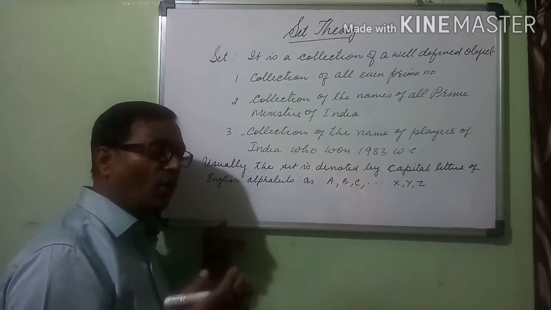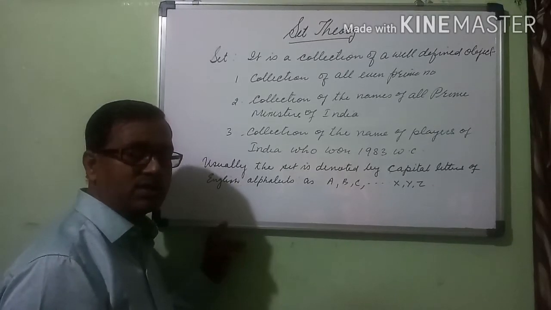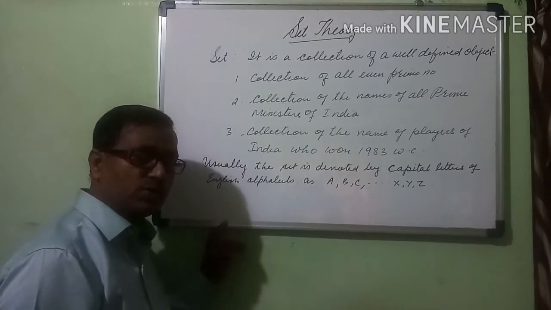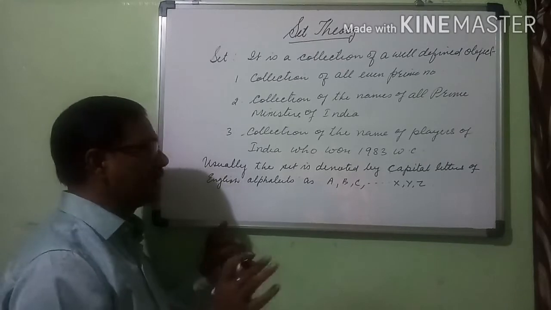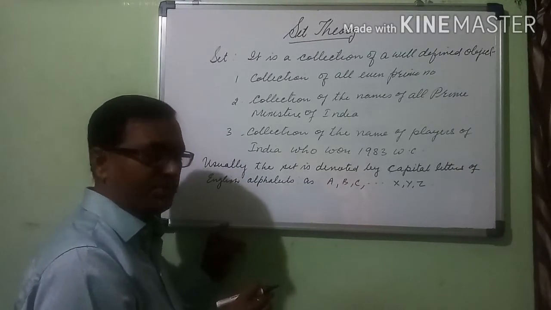Sometimes the elements will not always be small letters. Sometimes they may be numerals also, sometimes language also. So theoretically we say that they are denoted by the small letters of English alphabet.